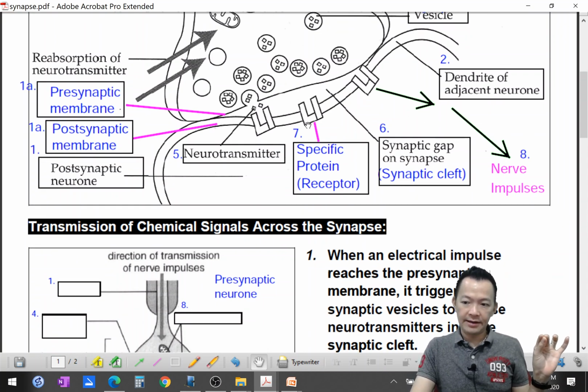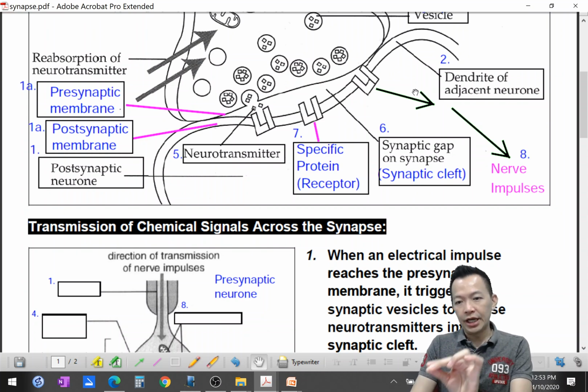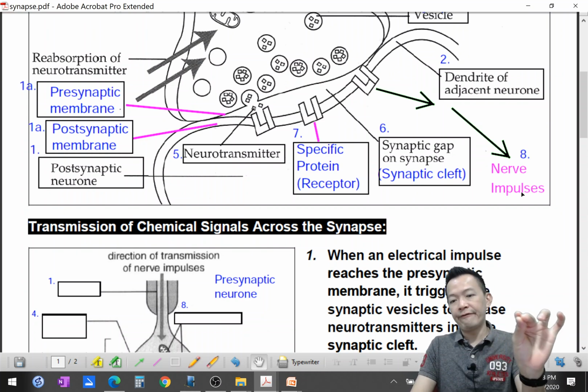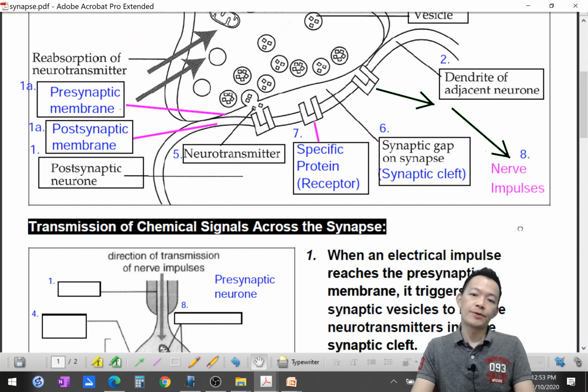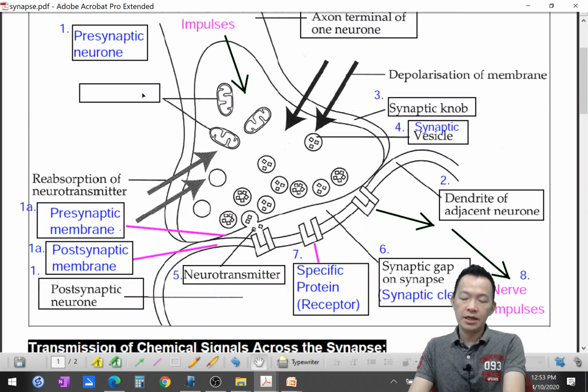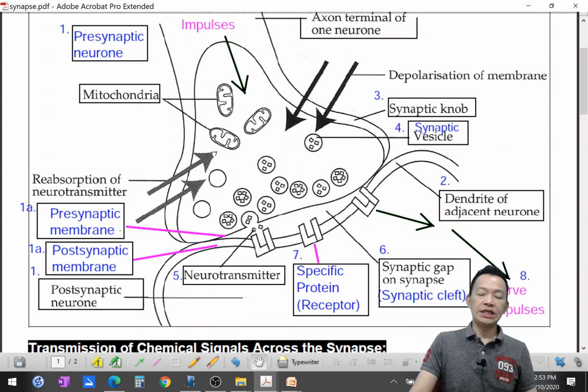When they bind together, they generate new impulses, 它们一 bind 起来就会产生一道新的 nerve impulse, and the nerve impulses flow again to the next neuron. And the whole process needs a lot of energy, 这些过程都需要能量, so we need the mitochondria. 在 synaptic node 后面会出现一些细胞器叫 mitochondria to supply energy.